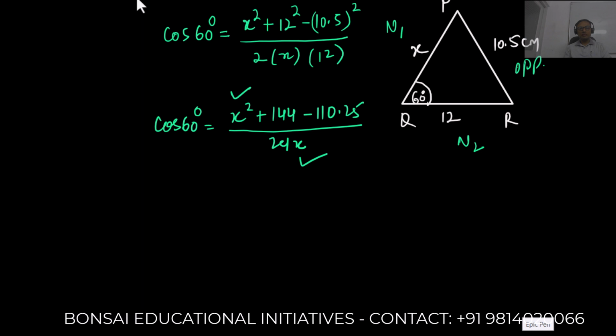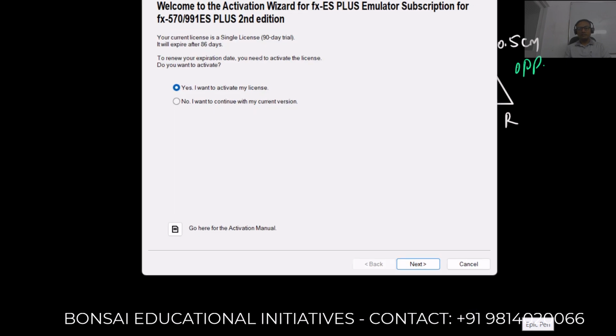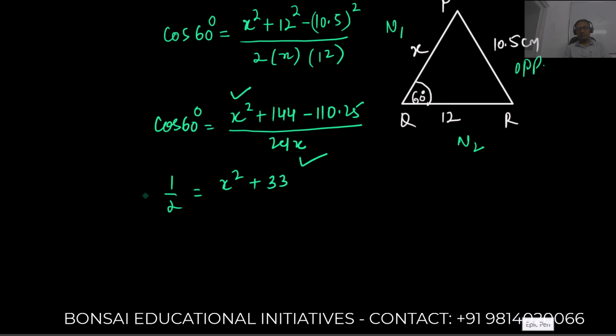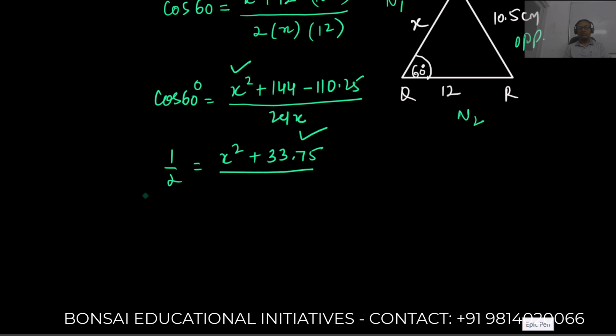So what we can do, 1 by 2 times x square, and these can be solved. 144 minus 110.25. The answer is 33.75. Okay, and upon 24x.